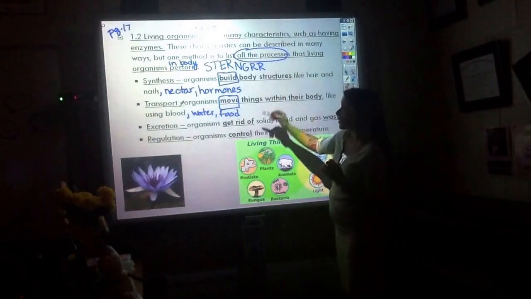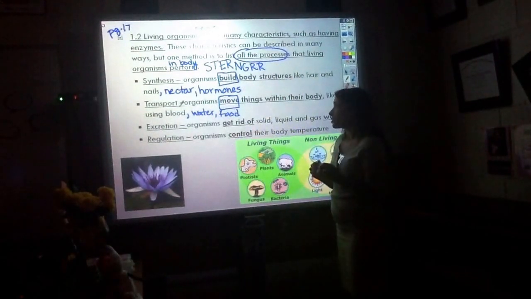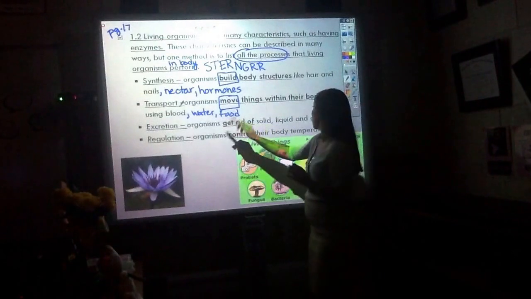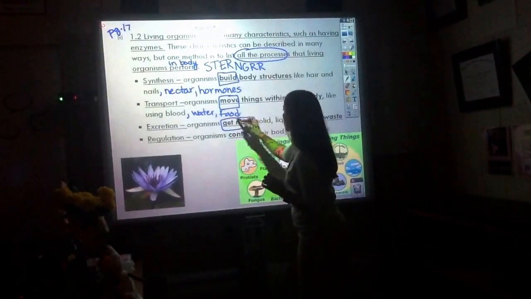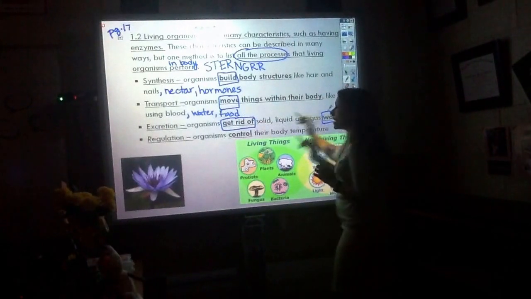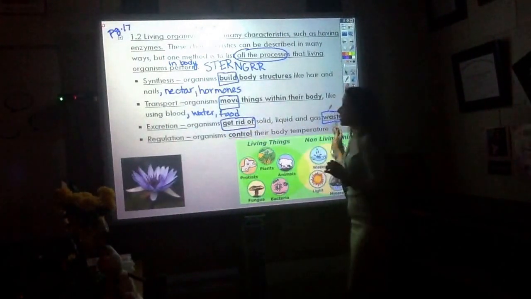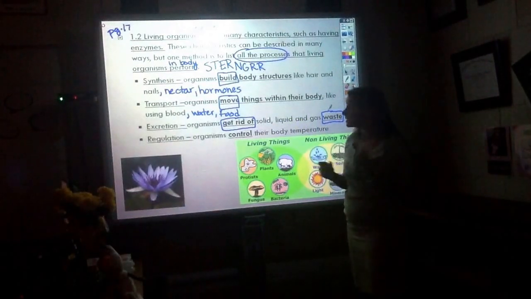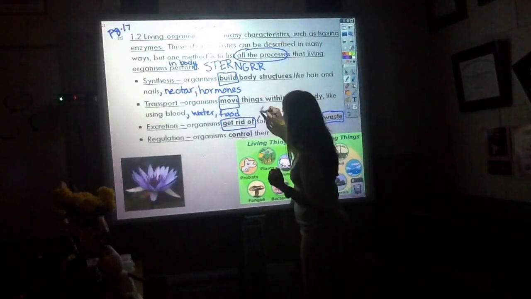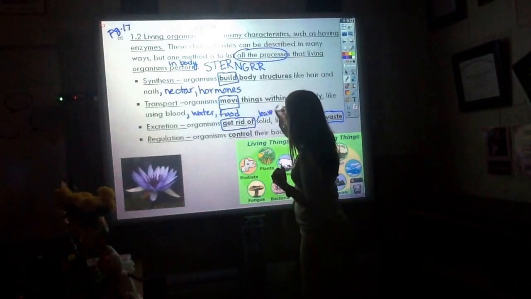The next trait that we look at is excretion. This is when organisms get rid of waste. So you do need all of these parts here. Excretion is getting rid of waste. So this could be solid waste like feces, or plants will actually get rid of some extra leaves.